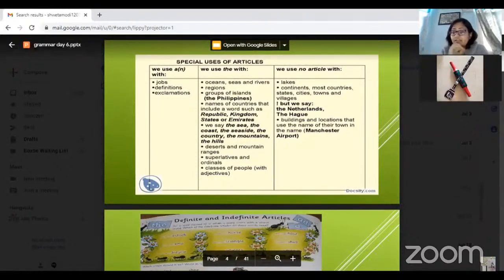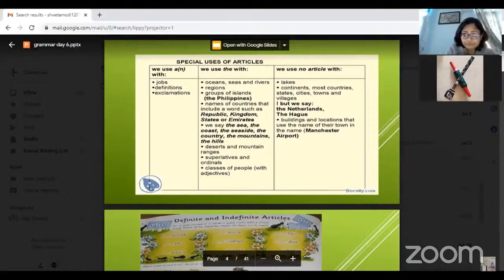We use "the" for the Netherlands or some regions, because it's a group of some places, so we are specifying those particular groups, and that's why it is the Netherlands. We also don't use any article for buildings, apartments, locations.